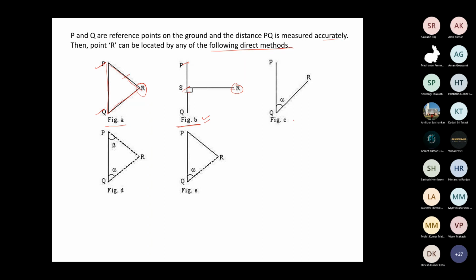What is in figure C? We know the distance QR and the angle alpha. You should know the distance QR and angle alpha. Yes, sir. Okay. Now what is in figure D?